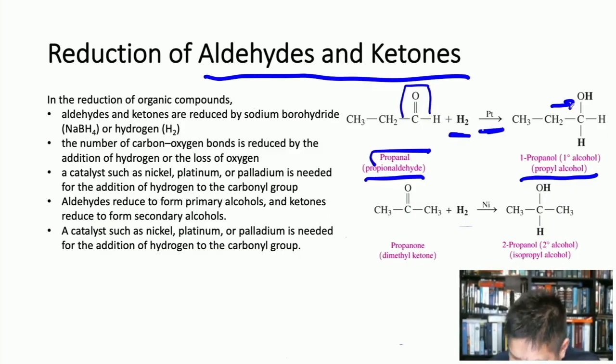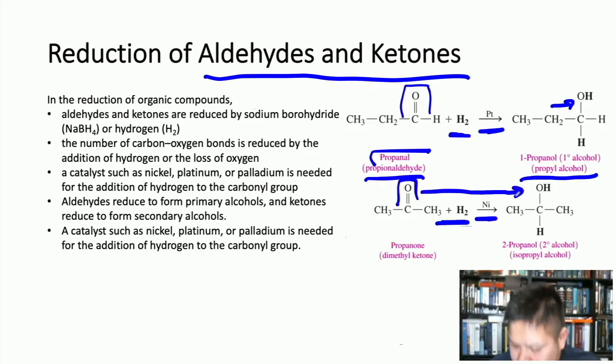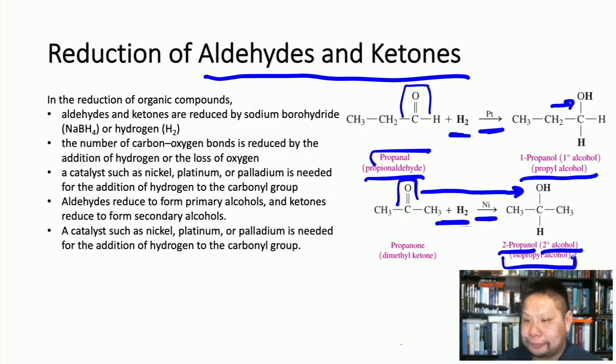Same thing can happen with ketones. So here's a ketone in the presence of hydrogen gas and a nickel catalyst, right? Again, the double bonded carbonyl group becomes a hydroxyl group, making a 2-propanol, or a secondary alcohol, more commonly known as isopropyl alcohol, which is rubbing alcohol, right?